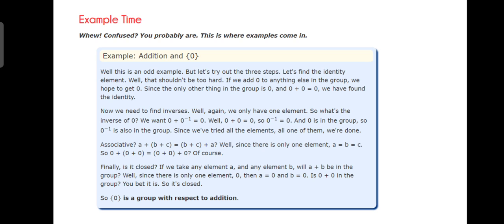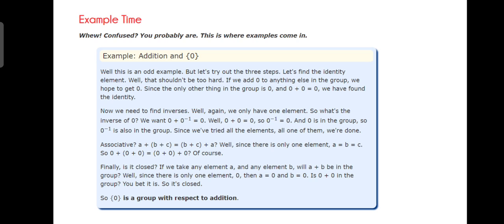First property is closure property. What does closure mean? That we need to combine two elements and the resultant element is again in the group. If we combine two elements, for that we need two elements, but in this set we just have one element. So vacuously it satisfies our first property, that is closure property. Second property is associative property.